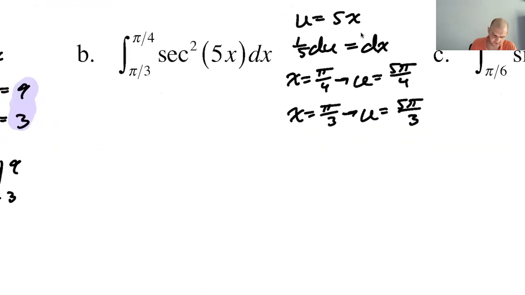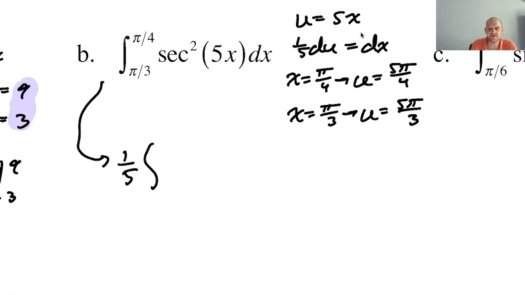Oh man, I'm feeling some unit circle stuff here. So this whole integral is going to become 1/5 the integral from 5 pi over... is pi over 3 bigger than pi over 4? Pi over 3 is bigger than pi over 4. So 5 pi over 3 is definitely bigger than 5 pi over 4.